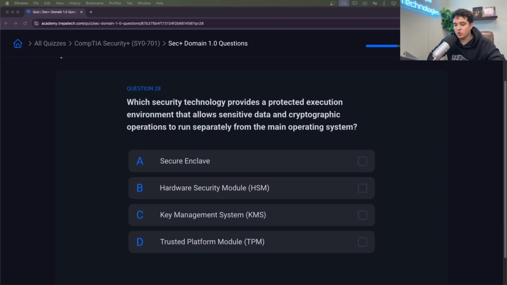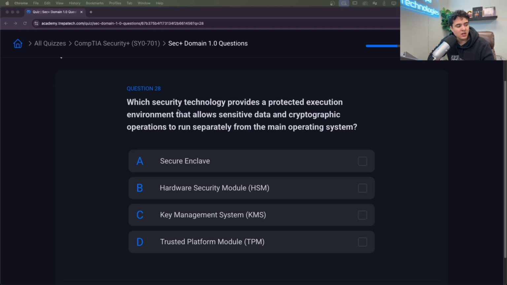So I'm leaning towards this probably being HSM, but it could also be Secure Enclave as well. What's leaning me more towards Secure Enclave is how sensitive data and cryptographic operations run separately. It's not specifically saying that it's another appliance, right?